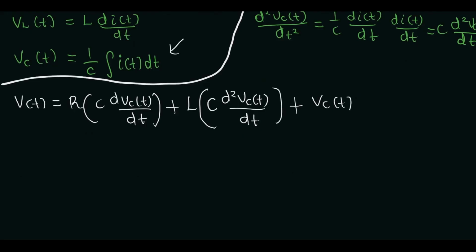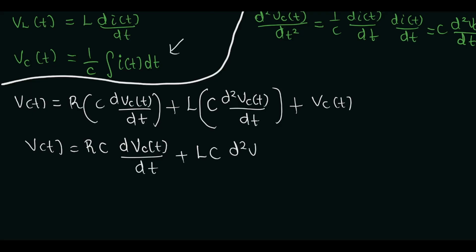So from here, your V of t will be equal to your RC dVc of t over dt plus LC d squared Vc of t over dt squared plus your Vc of t.